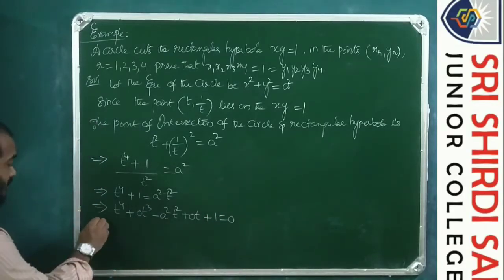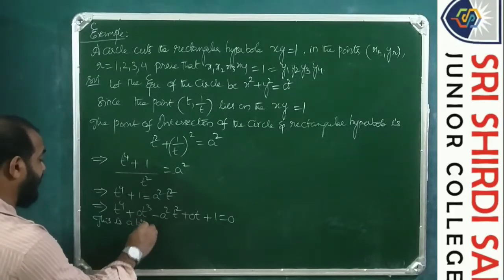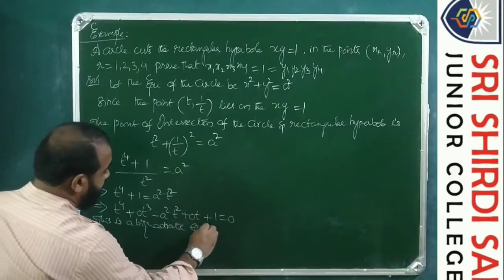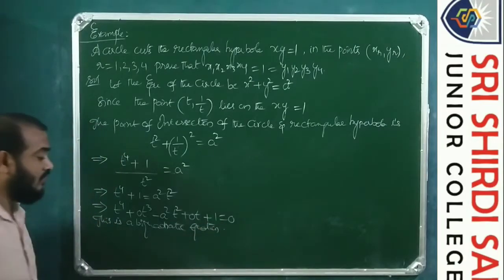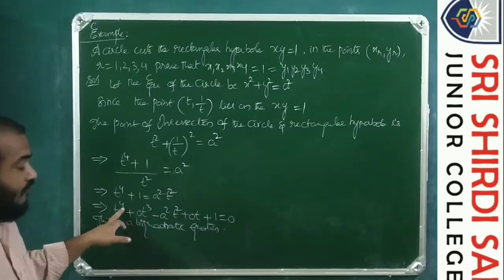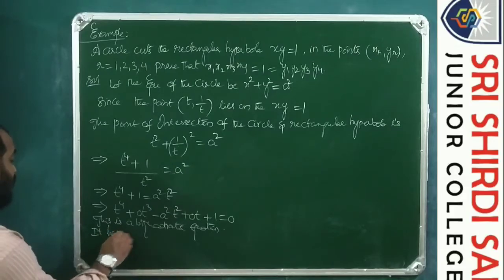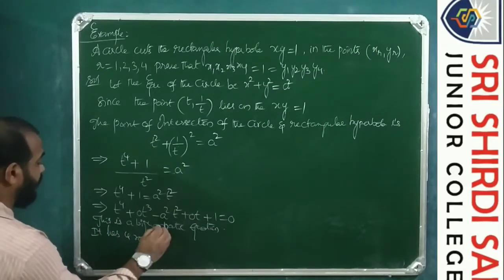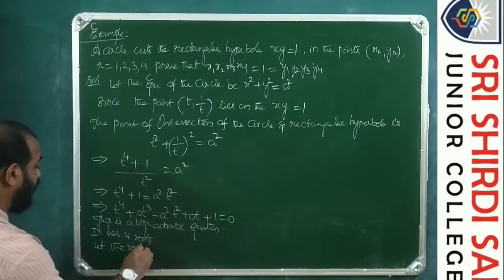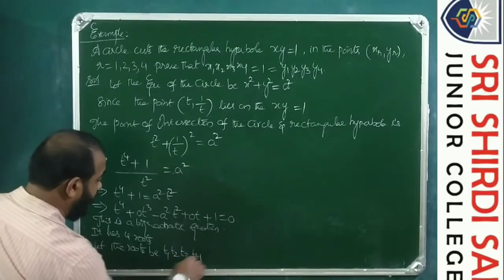So this is a biquadratic equation. Since this is a biquadratic equation, it has 4 roots, power 4, degree is 4. Let the roots be t1, t2, t3, t4.